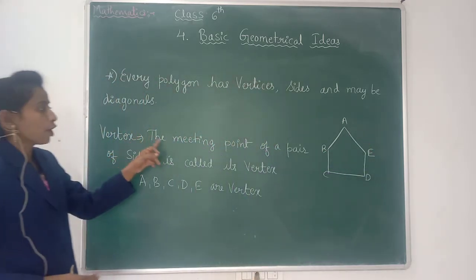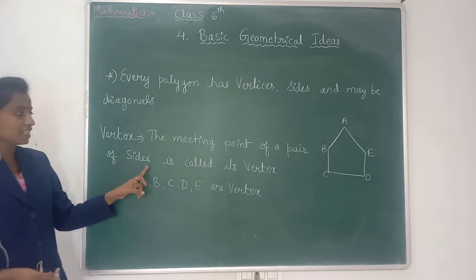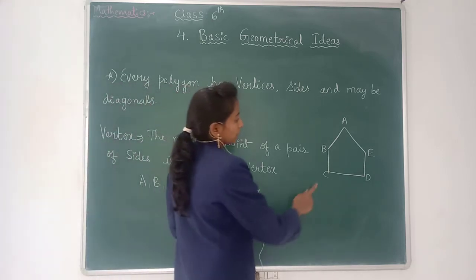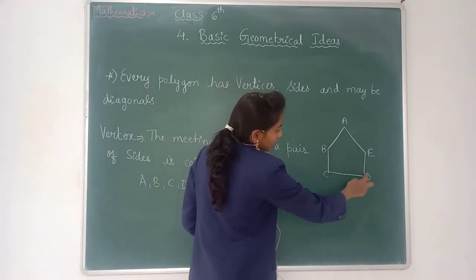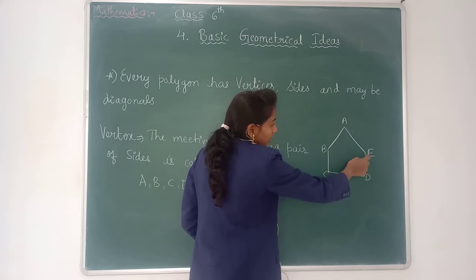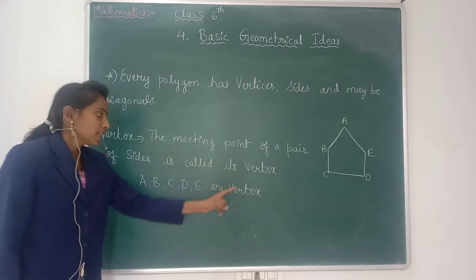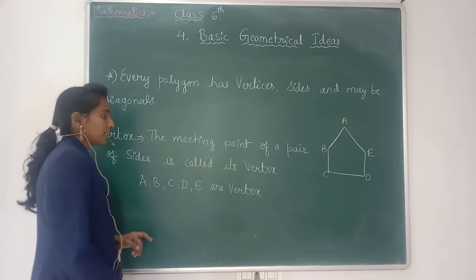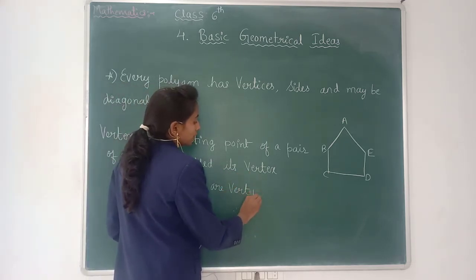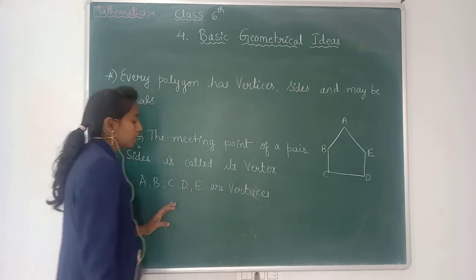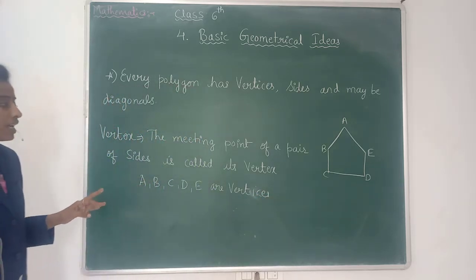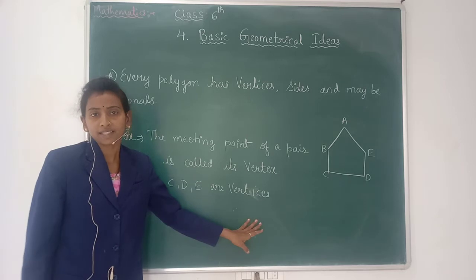The meeting point of a pair of sides is called its vertex. Here this and this side meet at point E, and that point E we call a vertex. Here A, B, C, D, E are vertices. So in the pentagon we have 5 vertices.